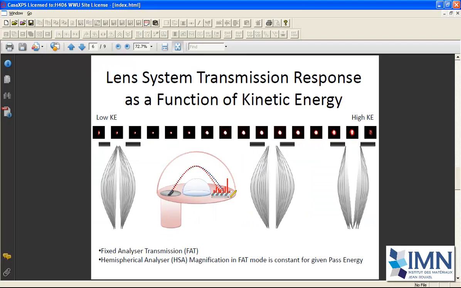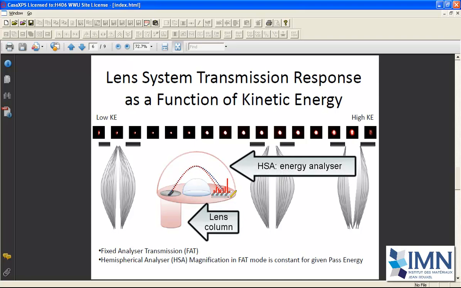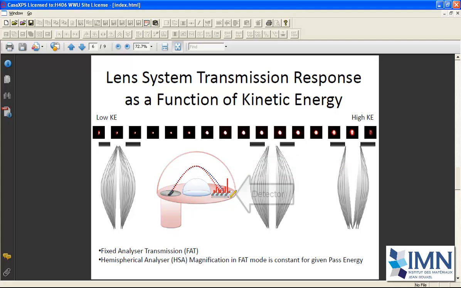The next thing to consider in terms of what alters the intensity of an oxygen 1s peak is how the instrument and the energy analyzer functions in conjunction with the lens system. When we perform a measurement using a fixed analyzer transmission or FAT mode, we specify a pass energy for the hemispherical analyzer.